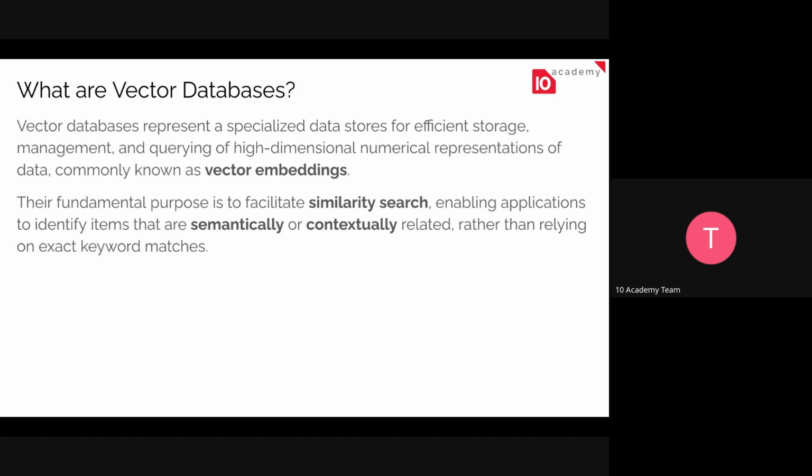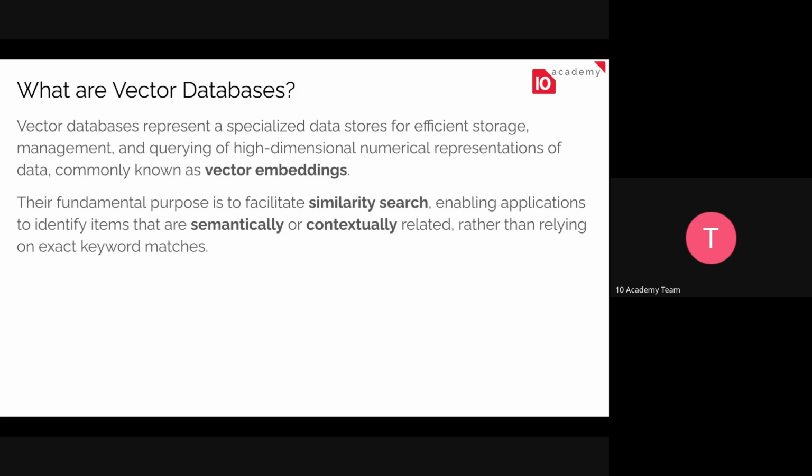Basically, it's just a specialized data store or database for efficient storage, management, and querying of high-dimensional numerical representations, which we normally call vector embeddings or embeddings in short. So your data is going to be embedded into high-dimensional numerical representations.